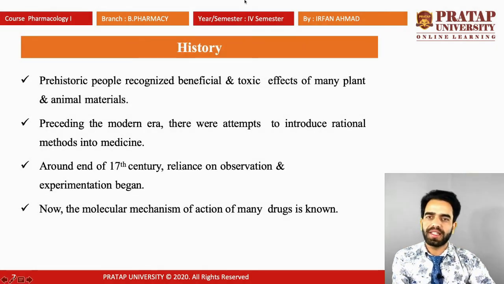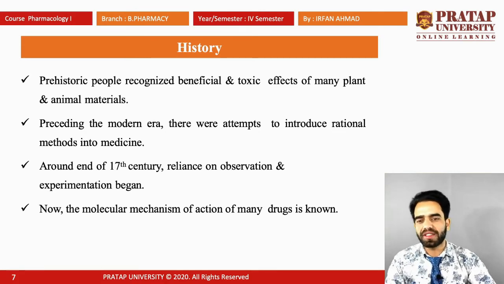The next thing is the history of pharmacology. The older people, the prehistoric or ancient people, recognized various beneficial effects and various toxic effects of many plants and animal materials. Then we came to the modern era. There were various attempts to use rational methods in medicine, and after the end of the 17th century the main focus was on observation and experimentation.